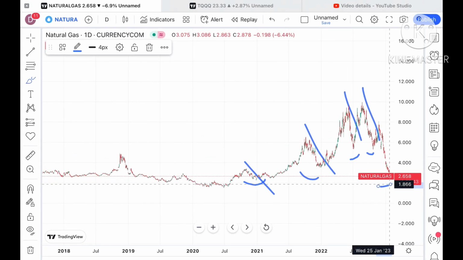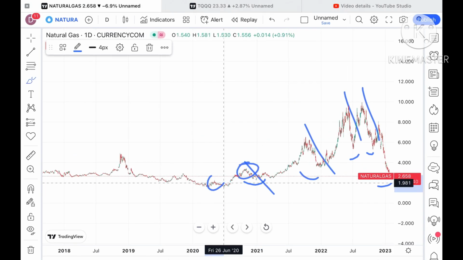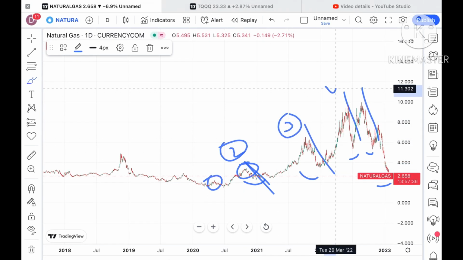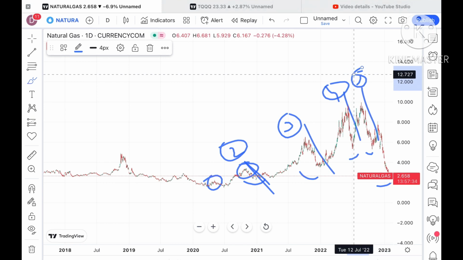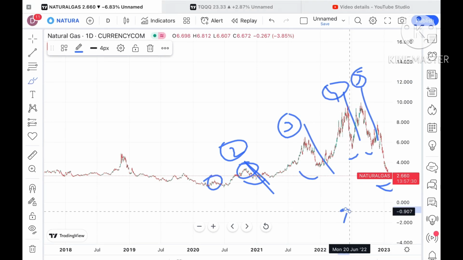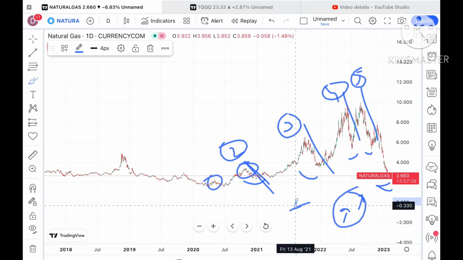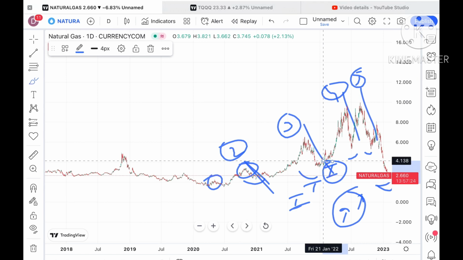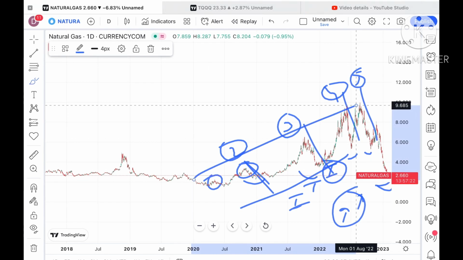Now what this pattern says is that whenever it crosses its previous high, we have seen a sharp fall come. And why I'm explaining this in every video is because if it forms a swing, then chances are high that once it crosses this particular resistance and keeps hitting the next resistance, this pattern can be created again.